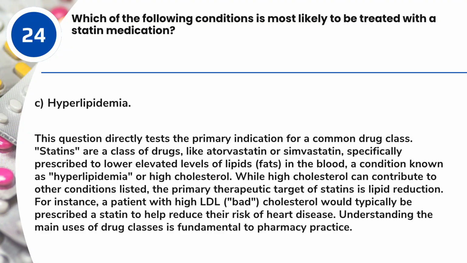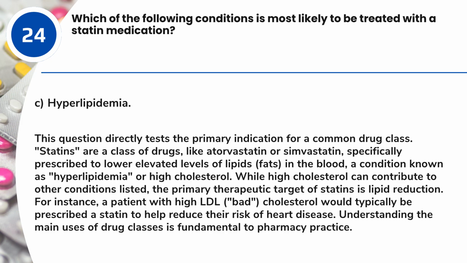Answer: C. Hyperlipidemia. This question directly tests the primary indication for a common drug class. Statins are a class of drugs, like atorvastatin or simvastatin, specifically prescribed to lower elevated levels of lipids, fats, in the blood, a condition known as hyperlipidemia or high cholesterol.